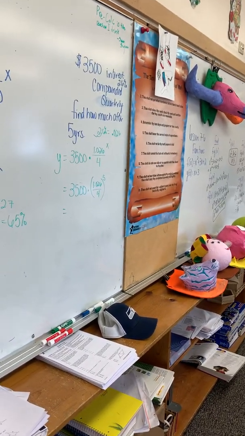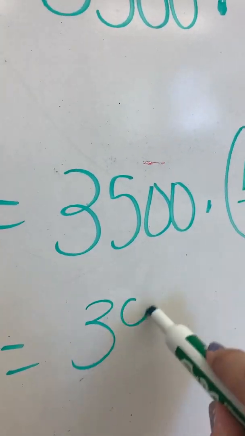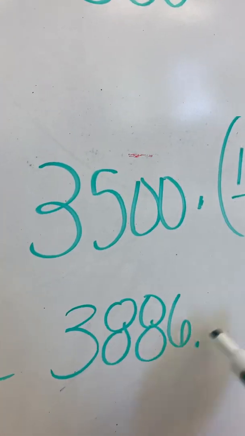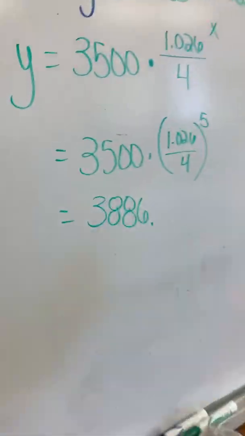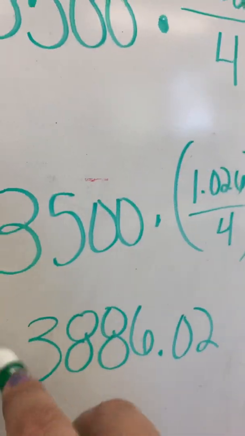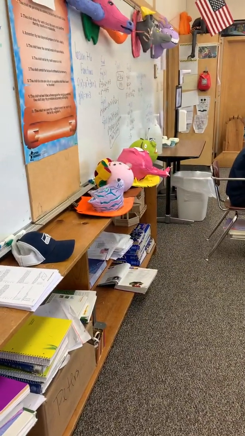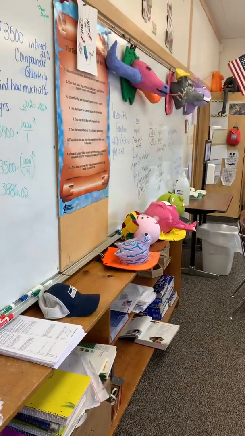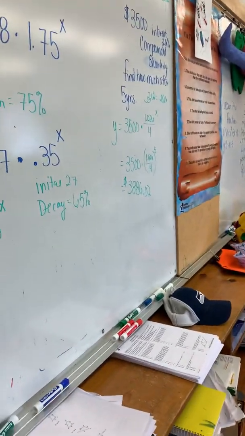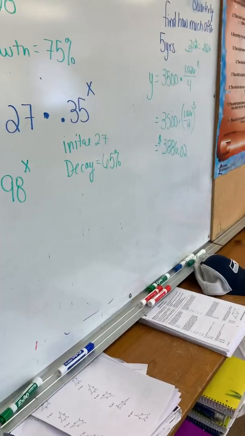So what, 3,886 in some odd sense. Okay? So that means you've only gained how much money in 5 years? About $386 and 2 cents. Okay? Is that it?